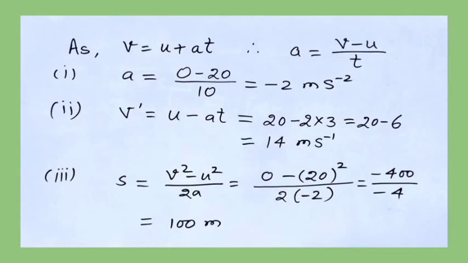After substituting the values and solving it, v dash comes out equal to 14 meter per second. The distance the car travels after the brakes are applied is s is equal to (v square minus u square) by 2a, which comes out equal to 100 meter.